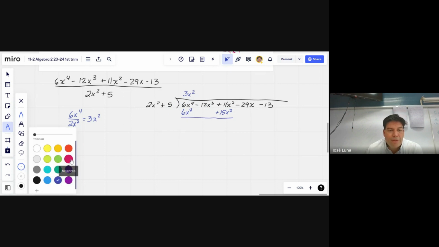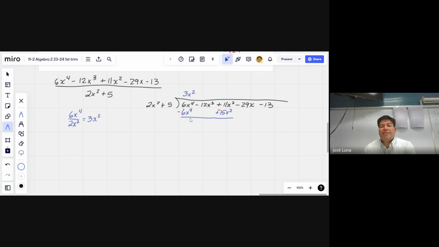As I've told you before, I'm going to change the signs and add. I find that students make fewer mistakes when they're adding than when they're subtracting. So please change all the signs and add, because that's the same as subtraction. And then we have 6x to the fourth plus negative 6x to the fourth, which cancels. Then we have a negative 12x cubed and nothing here, so we don't subtract anything or add anything to it.